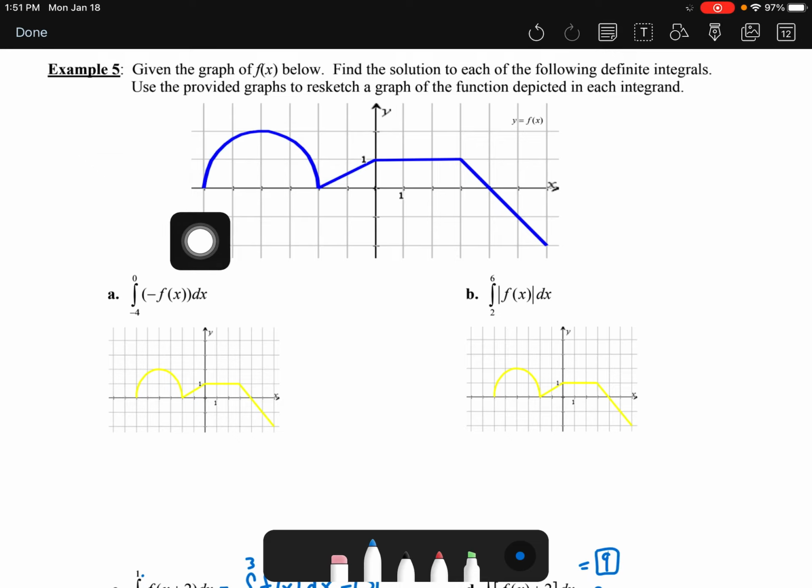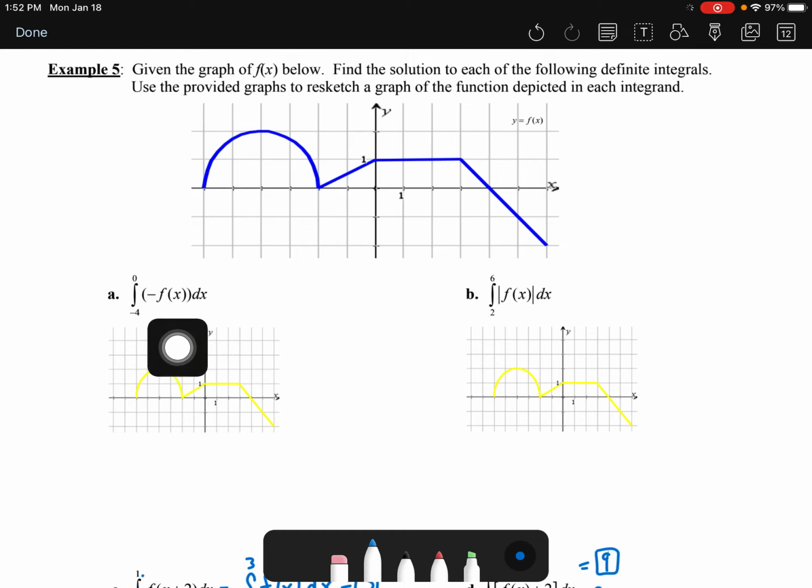We left off in example 5, and with this example they're giving us some functions made up of, it should have probably said this, a semicircle and some line segments on our coordinate plane. So it's pretty easy for geometric areas, and that's what we'll use to evaluate some of these definite integrals.